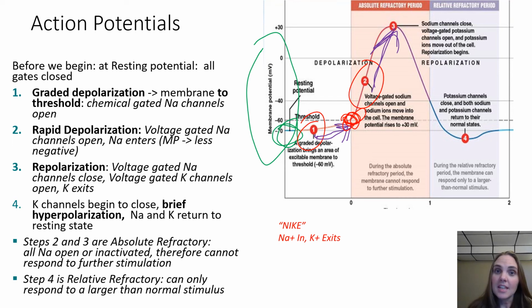Once we get a depolarization to about the level of 30 millivolts, which we can see here at number 3, those sodium channels are going to close. They're inactive. Remember, those were the ones that had different gates. So that inactivation gate is going to close, and sodium is going to stop flowing into the cell.